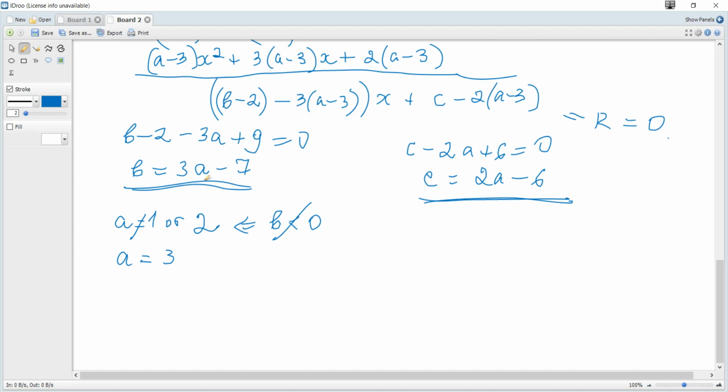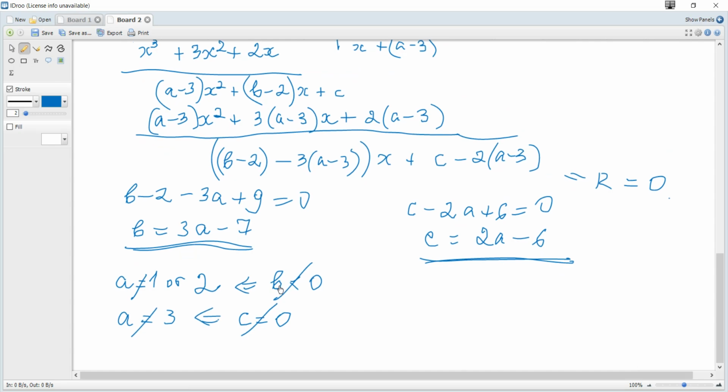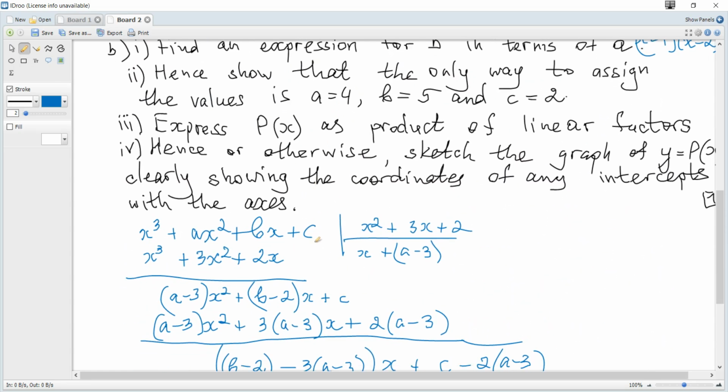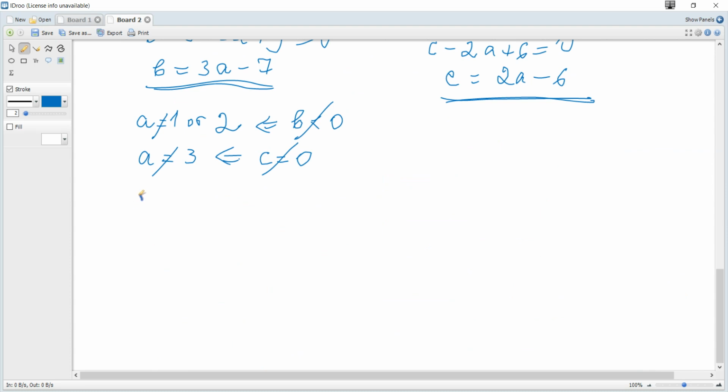Let's consider a to be 3. If a is 3, b is 2, but c is 0, and c cannot be 0. And since we need a to be 4, it's correct. Let's consider the incorrect value.